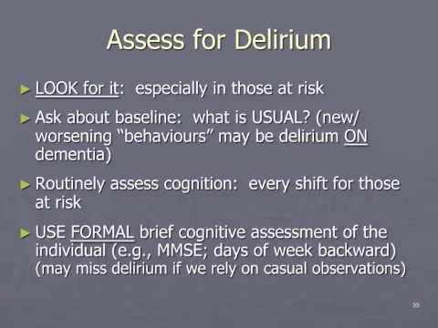The ICU protocol asks the person to tap on the table when they hear the letter A, so you repeat a string of letters and look for whether they are able to attend to the instruction of tapping on the table for the letter A.